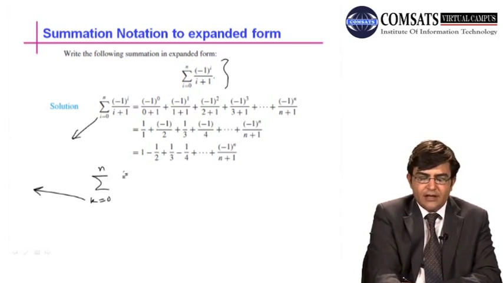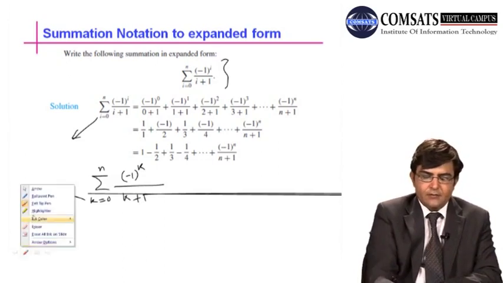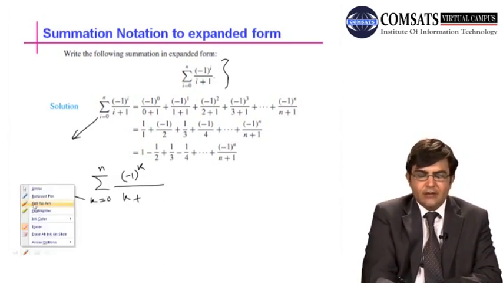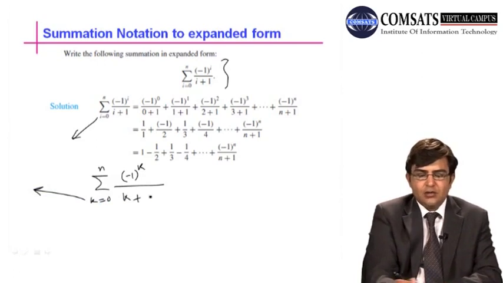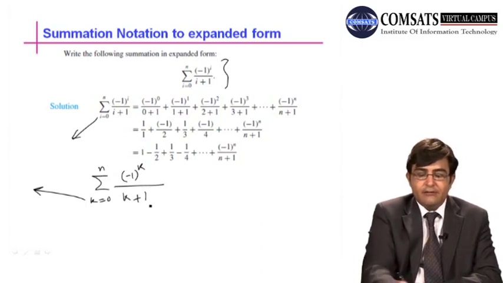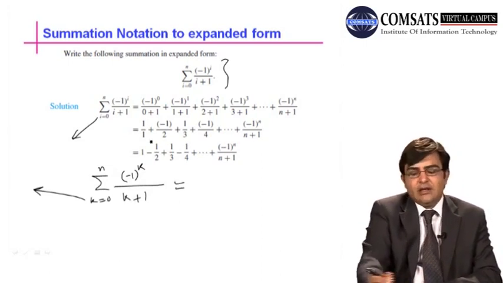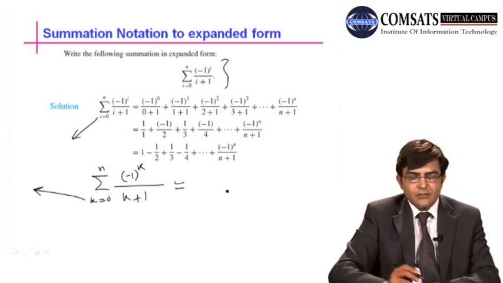So now we have to write minus 1 power k divided by k plus 1. We have replaced i by k everywhere. If we expand this or this, we get the same answer.